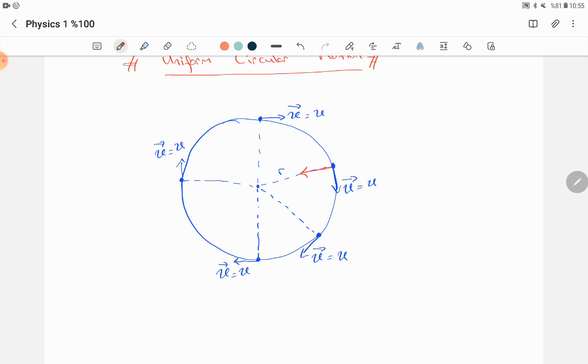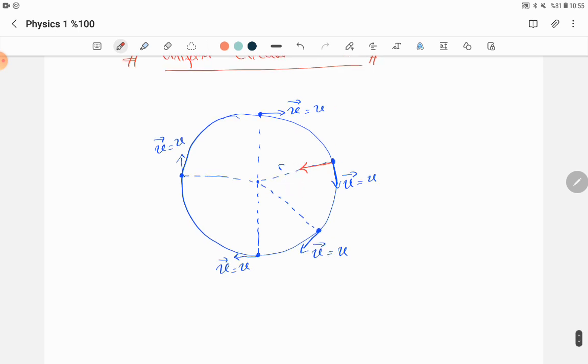This acceleration is named centripetal acceleration, shown as a_c, and it is also a vector. This centripetal acceleration occurs due to the changing velocity direction.